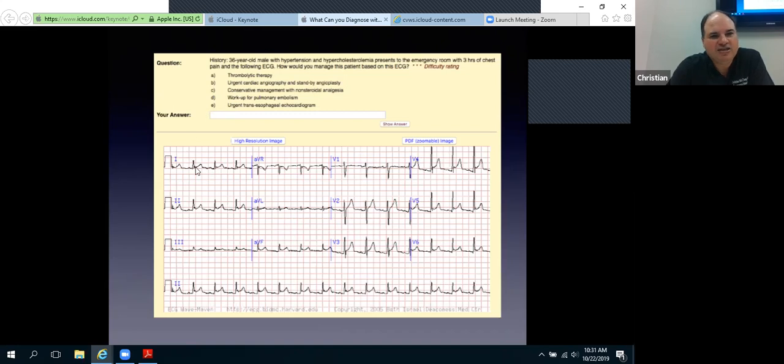So the first thing is the rate. If we go down the rate, each one of these lines corresponds to a slightly different rate. The next box is 300 beats per minute, 150, 100, 75, then 60. That's how it goes on a regular 25 millimeter per second EKG. You could do this an easier way if you want.